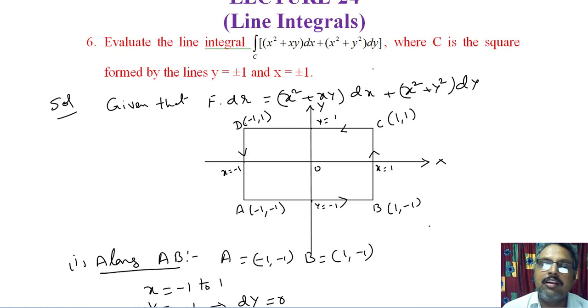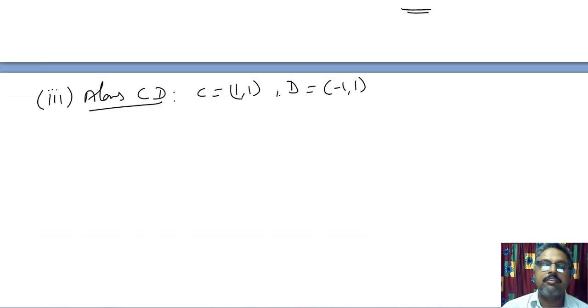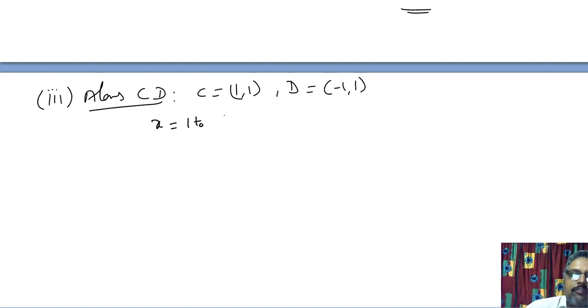The first point is 1, 1 and the last point is minus 1 comma 1. So the y coordinate is 1 and x varies from 1 to minus 1.